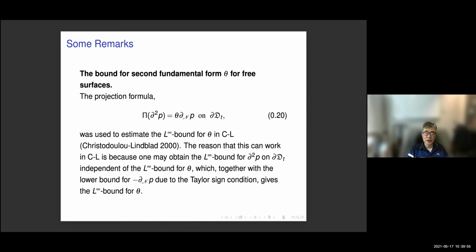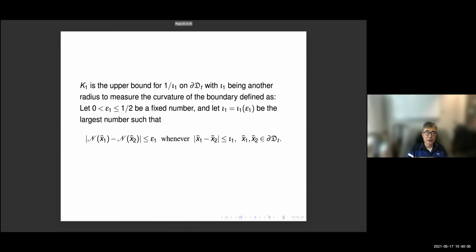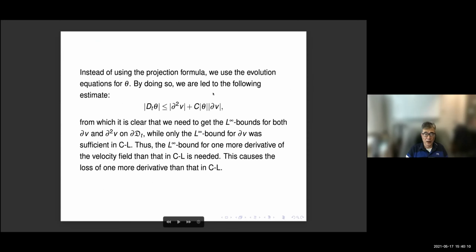So what can we do in that case? Instead of using this projection formula, we use the evolution equation for the second fundamental form. When we use the evolution equation of the second fundamental form, we get this estimate. The time derivative of theta is given by this.